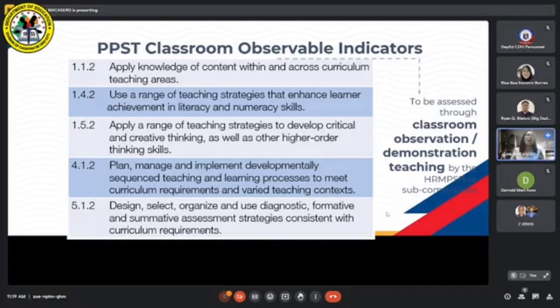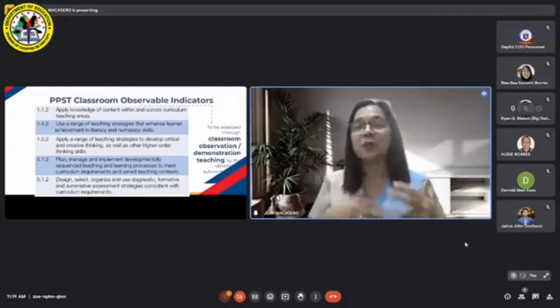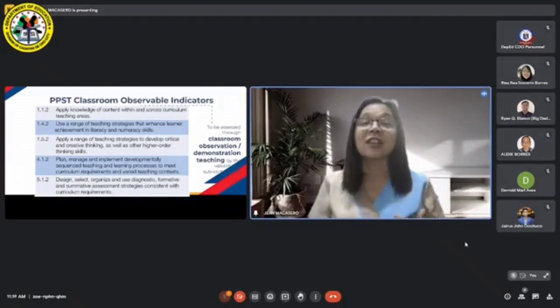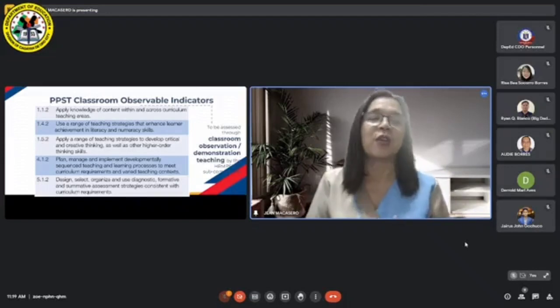1.4 is use a range of teaching strategies. Gone are the days when the teacher would say, copy the writings on the board. This time, considering the kind of learners that you have, you will be employing different strategies that will help the learners understand your presentation.